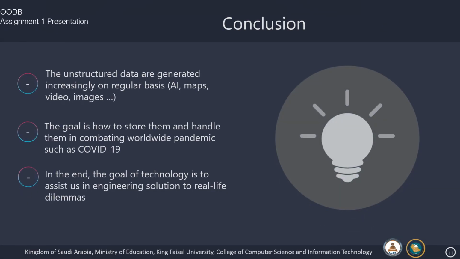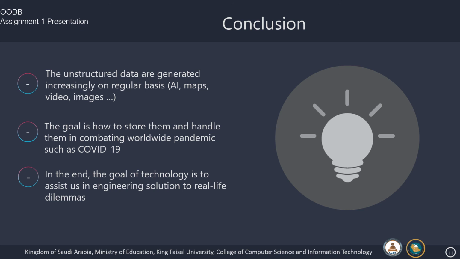In conclusion, we have discussed the unstructured data type and how it's generated from basically every new technology, such as AI, maps, images, videos, audios, facial recognition, and so on.